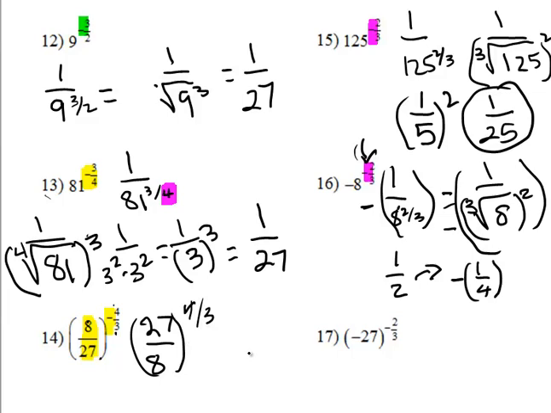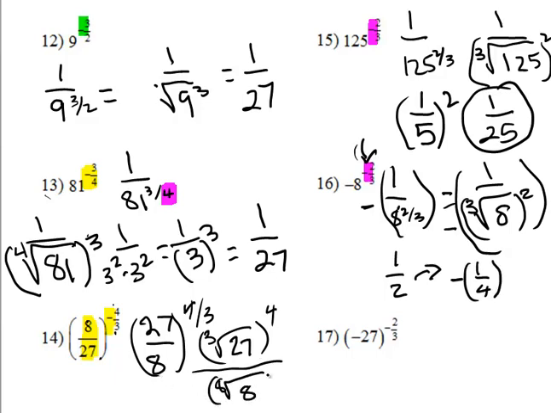Now this is my index, and here I have the cube root of 27, and I'm going to take that up to the 4th power. The cube root of 27 is 3, and 3 to the 4th is 81.